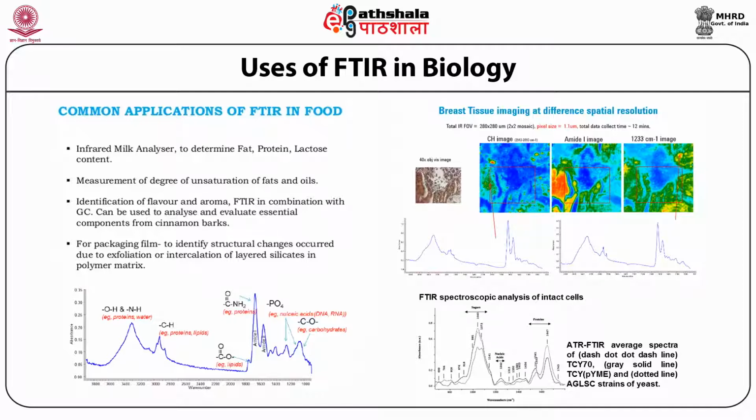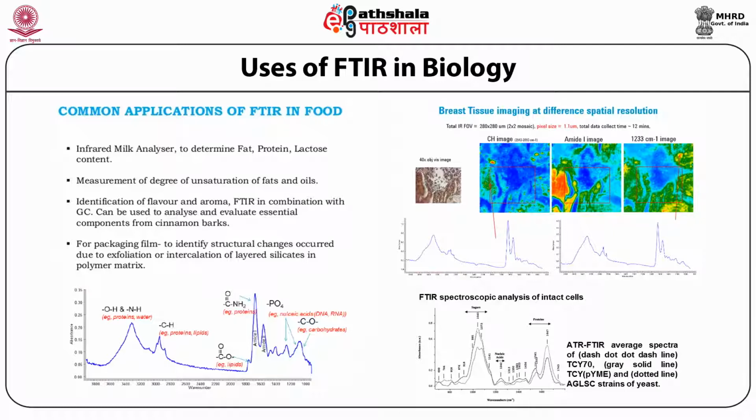FTIR in combination with GC can be used to analyze and evaluate the essential components from cinnamon bark. For packaging film, it identifies structural changes that occurred due to the exfoliation and interaction of layered silicate in the polymer matrix. You can see here the IR spectra of different types of food product: protein and lipid only, protein only, nucleic acids and carbohydrates.